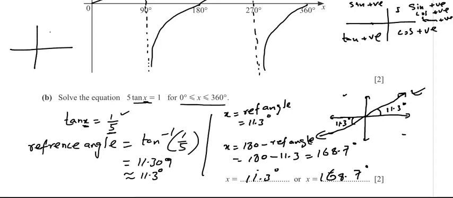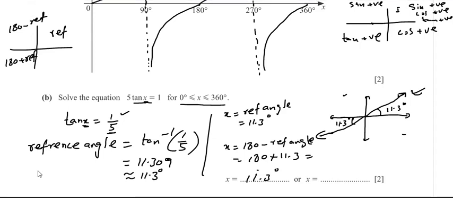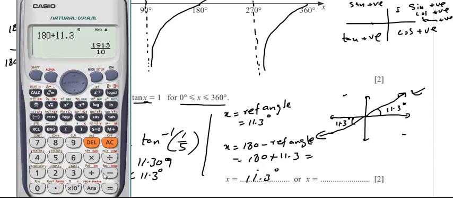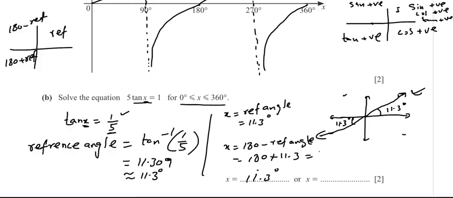And the way to write the angle: in the first quadrant it is just the reference angle. In the second quadrant, we write 180 minus reference angle. In the third quadrant, it is 180 plus reference angle. I'm sorry, I made a mistake earlier. This is the third quadrant, so it should be 180 plus 11.3, which is 191.3 degrees.